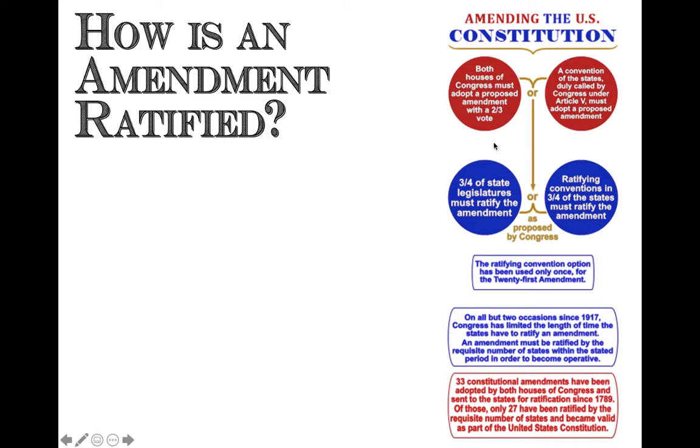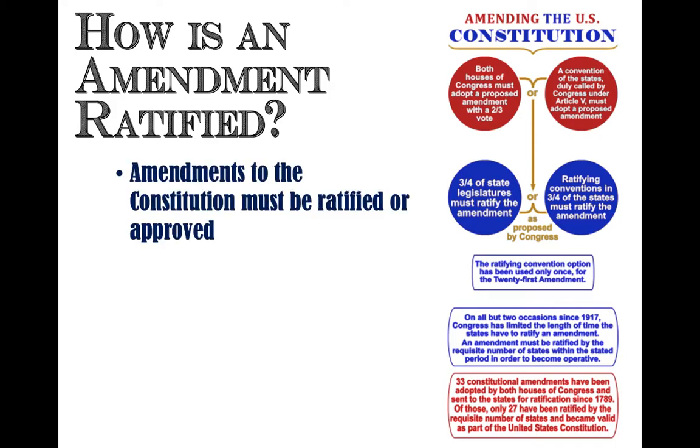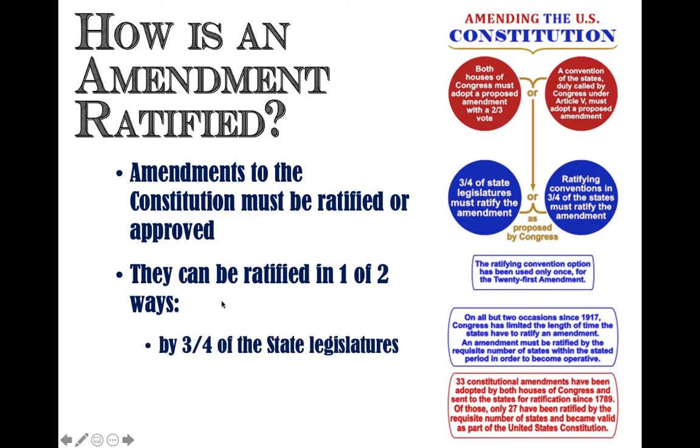As you can see over here on the right side, it shows the different ways an amendment to the Constitution can take place. It must be ratified, or approved, in one of two ways: 3/4 of the state legislatures, so that's the 38 states, or 3/4 of the states at a convention. Whether at a convention or just in state government, 38 states vote to ratify.